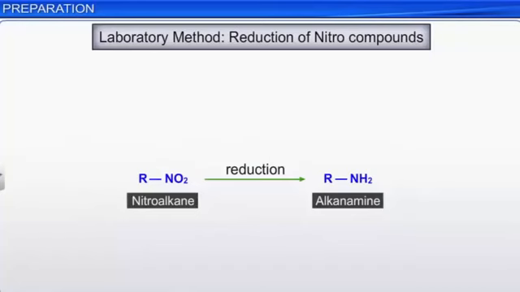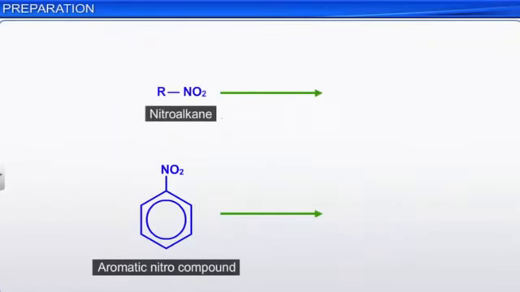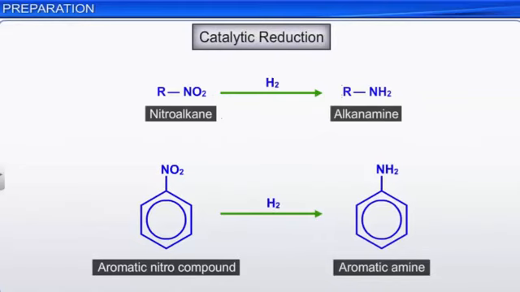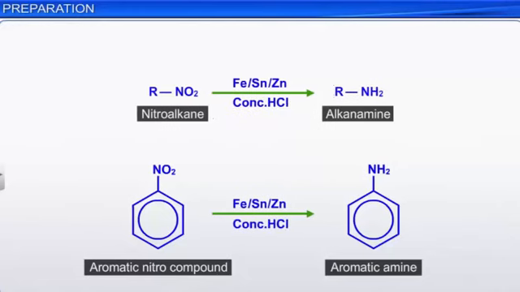The laboratory method for the preparation of amines involves the reduction of nitro compounds. The reduction of nitro compounds can be carried out either by catalytic reduction using hydrogen gas in the presence of finely divided nickel, palladium or platinum, or by using active metals such as iron, tin, and zinc in the presence of concentrated hydrochloric acid.